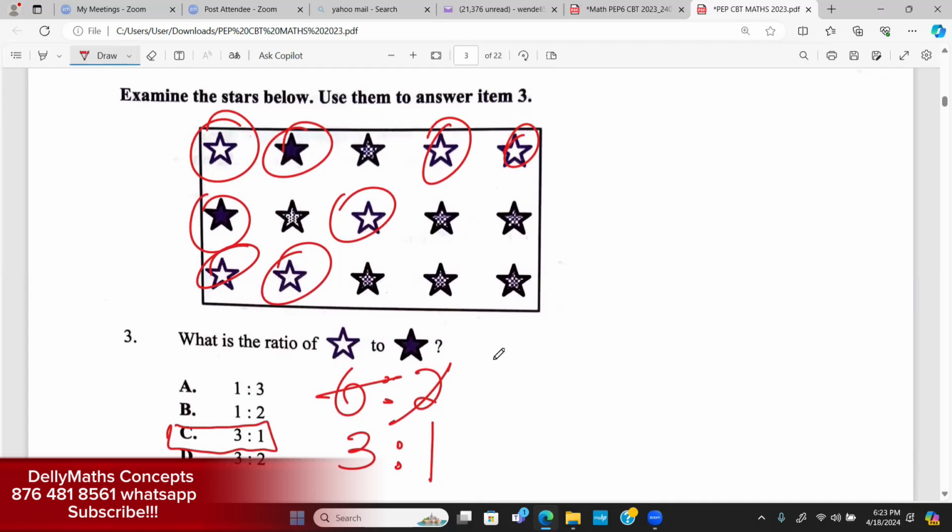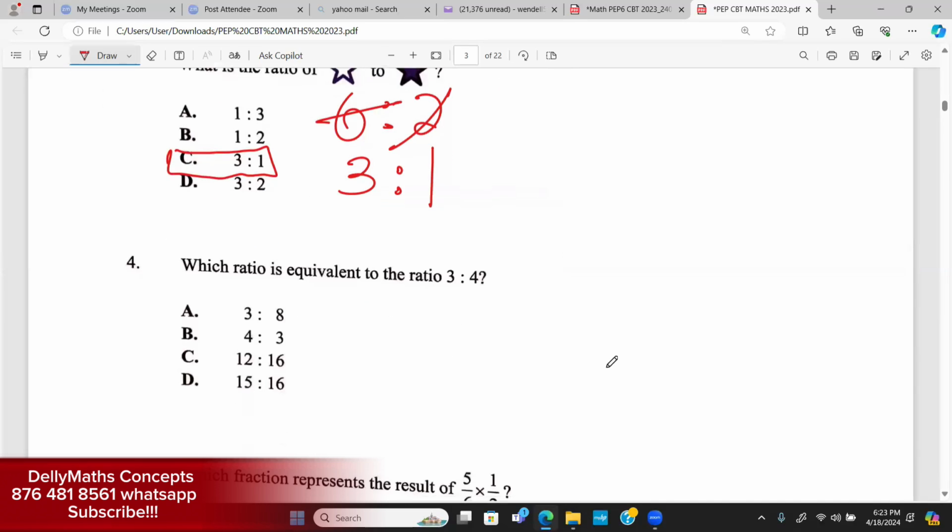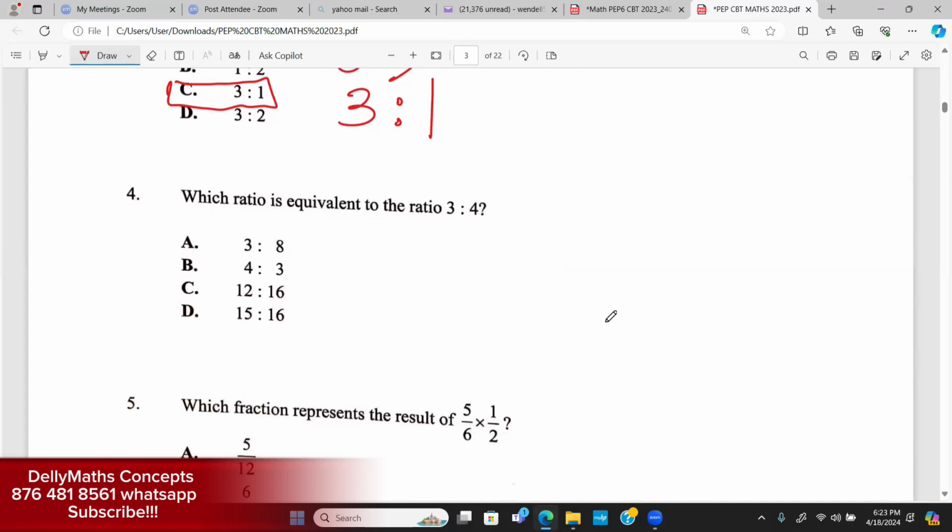So a lot of times, if your ratio is not there, you want to break it down to its lowest form, and then look. What ratio is equivalent to 3 to 4? All we're going to do is cancel down these and see which one will stop at 3 to 4. That can't work. This can't work. I'm going to divide this by 4.